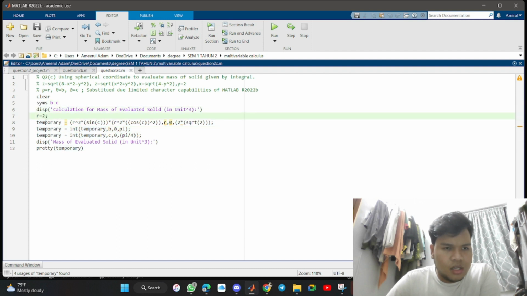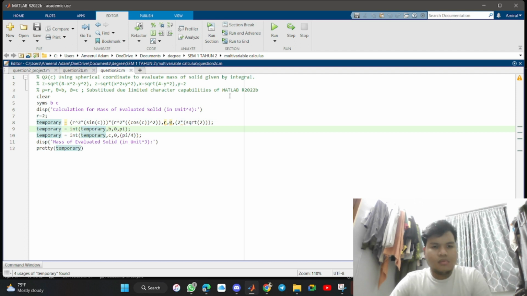We got the temporary variable here to calculate, and then display the mass of the enveloped solid in unit power of 3.